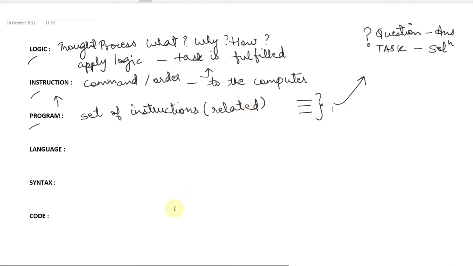Now, how are we going to give the instructions? It has to be through a proper channel. So the next one is a very important channel, that is the language.